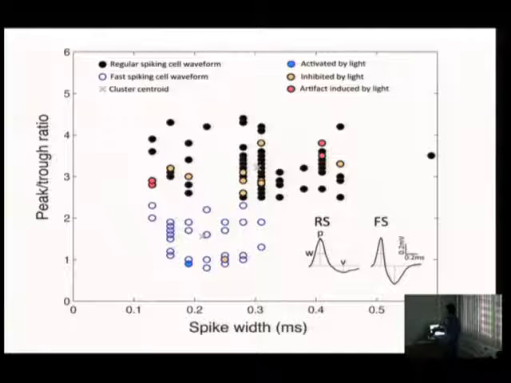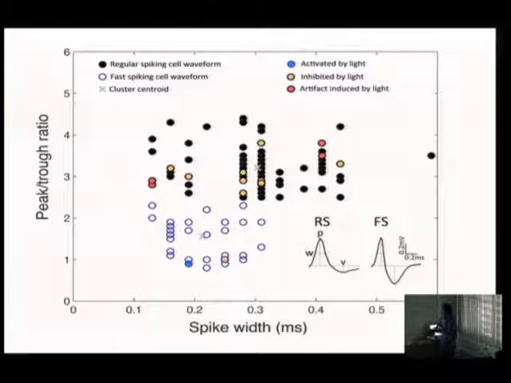And these orange ones, putative regular spike, were inhibited by light. So these should be pyramidal cells that receive projections from fast spike cells.